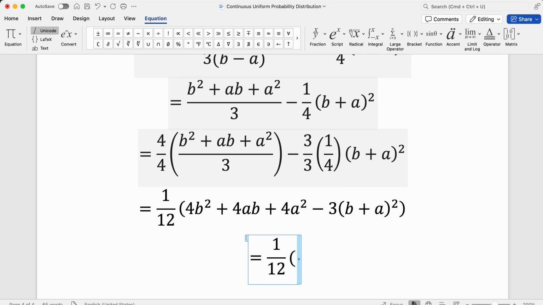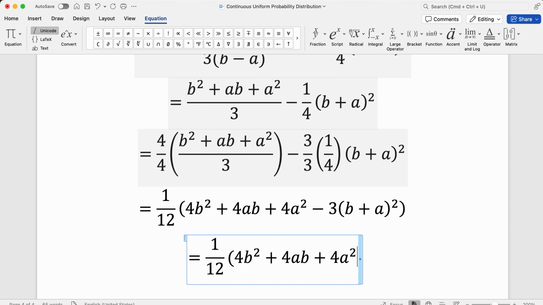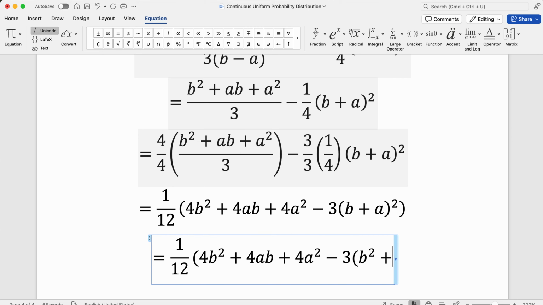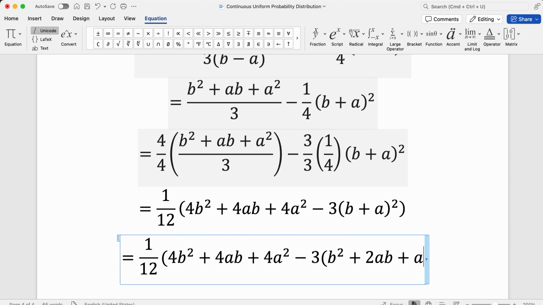Let's expand this out. 4b squared plus 4ab plus 4a squared, minus 3 times b squared plus 2ab plus a squared.